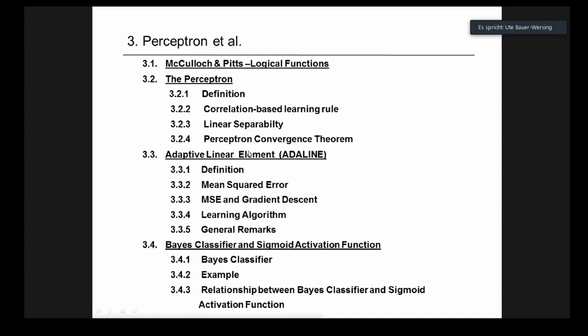We moved on to the mean squared error and gradients, and the idea of gradient descent, the learning algorithms. Here we had some general remarks, because mean squared error and gradient descent is one way to estimate the parameters for this linear Adaline model. There are other ways, like calculating the pseudo inverse.